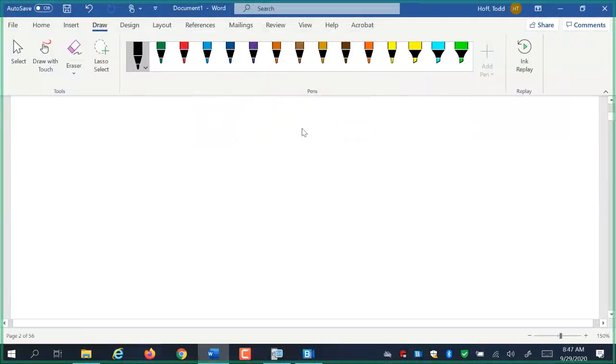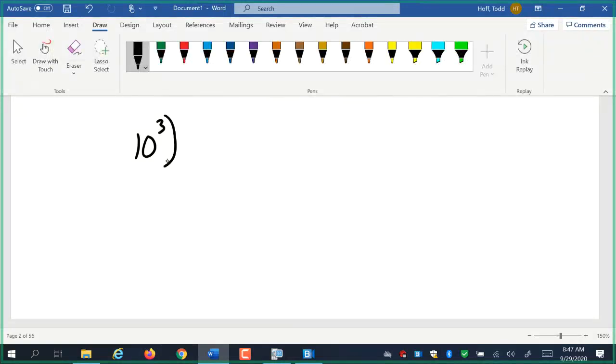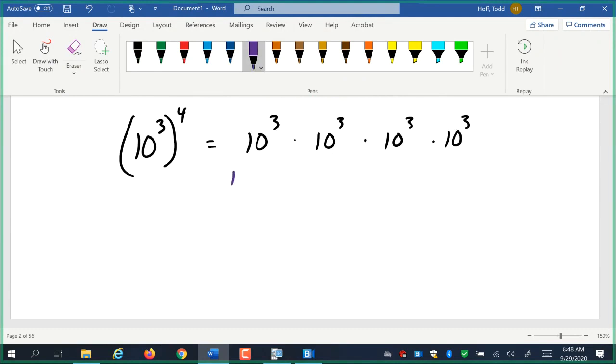Well, we also have a power of a power. Ten to the third to the power of 4 means that we have 4 of these 10 to the thirds multiplied together. But remember, each of those 10 to the thirds is 3 tens multiplied together.